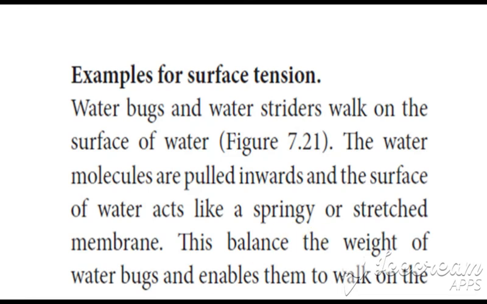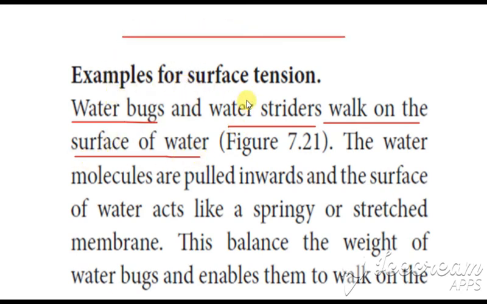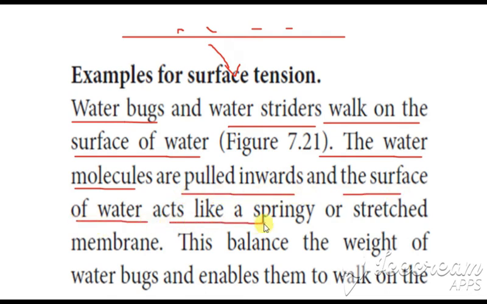Clear. And here we have an example of surface tension. Consider water bugs and water striders. Those insects walk on the surface of the water. How is it so? That is due to surface tension. The water molecules are pulled inwards, and the surface of the water acts like a springy or stretched membrane.